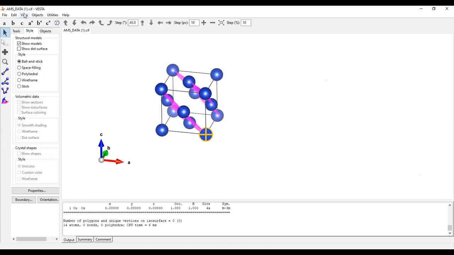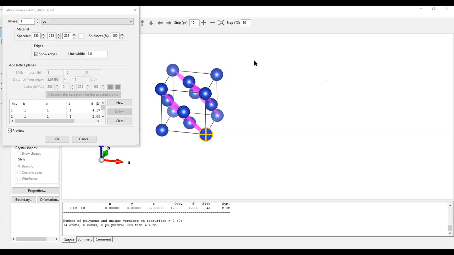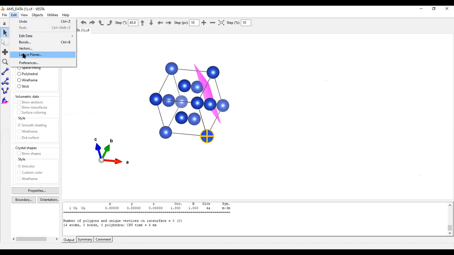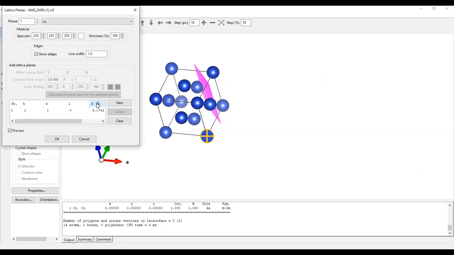Okay, if you want to draw a 110 plane, let's delete it and let's say 110. Right, and let's place it at 1.